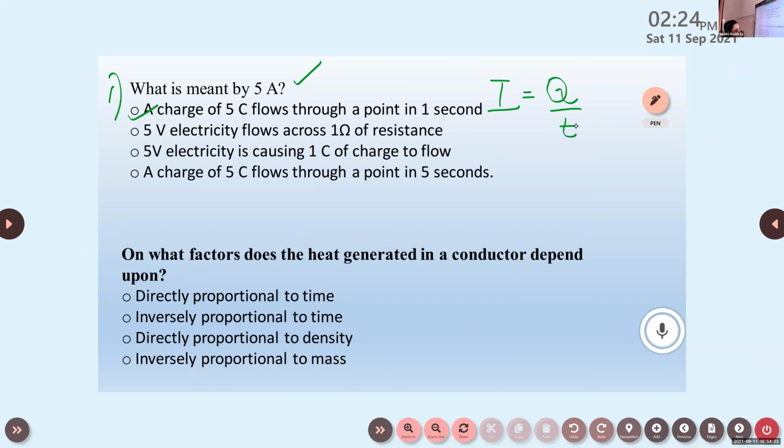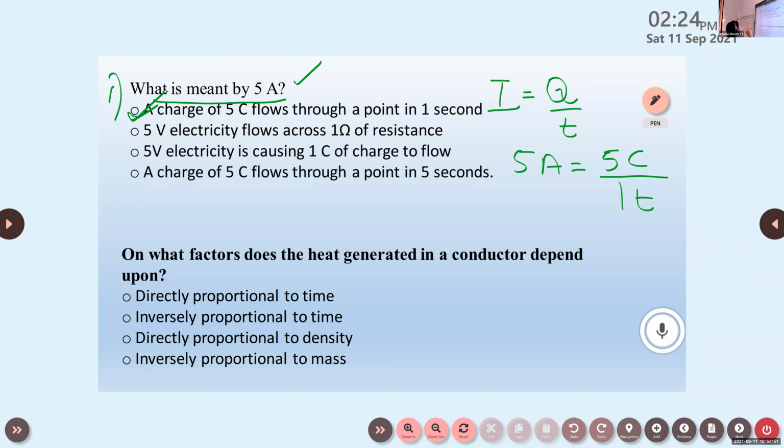I is equal to Q by T. So here in the question, they have given: what do you mean by 5 ampere? 5 ampere current means a charge of 5 coulomb flows through a circuit or through a point in 1 second. Then only we get 5 ampere current. 5 by 1 second. So option 1 will be right.